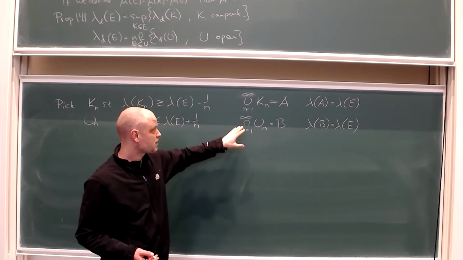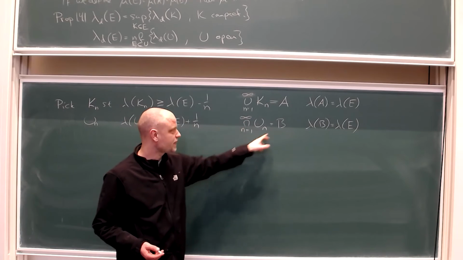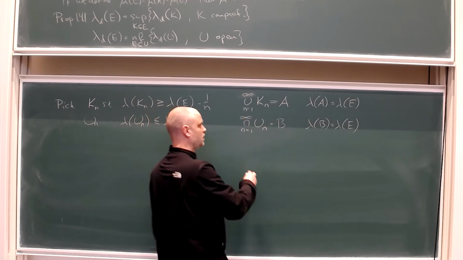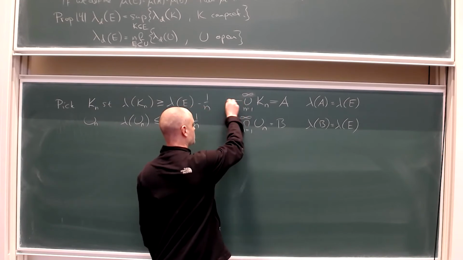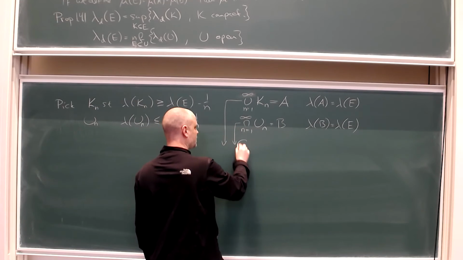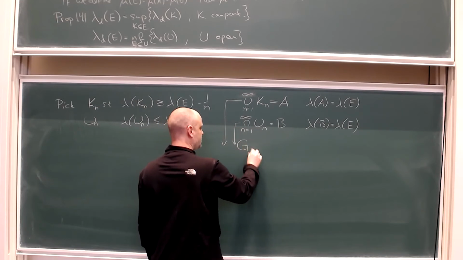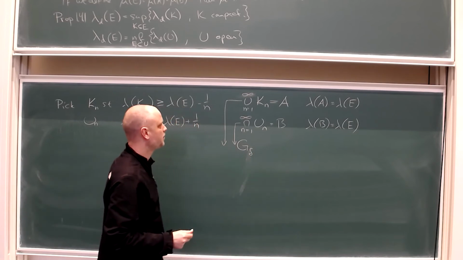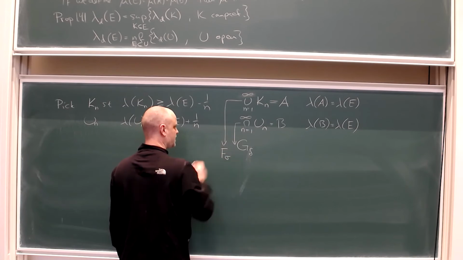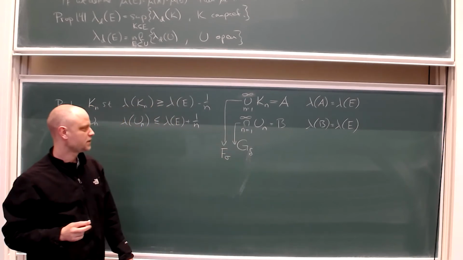So the collection of all sets that arise like this is called G delta, and this is called F sigma, right?